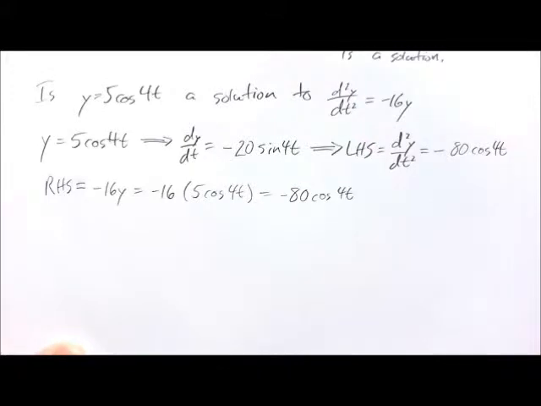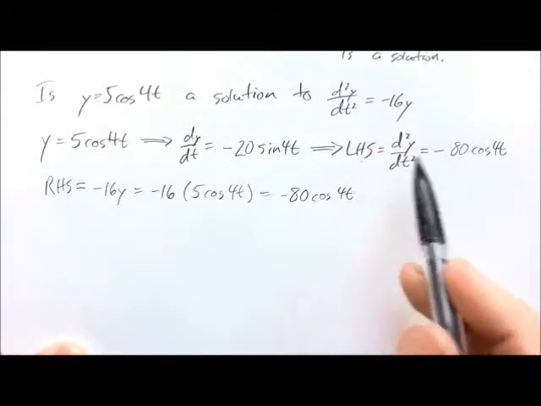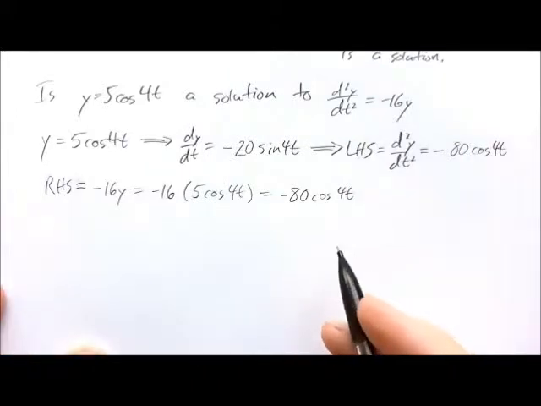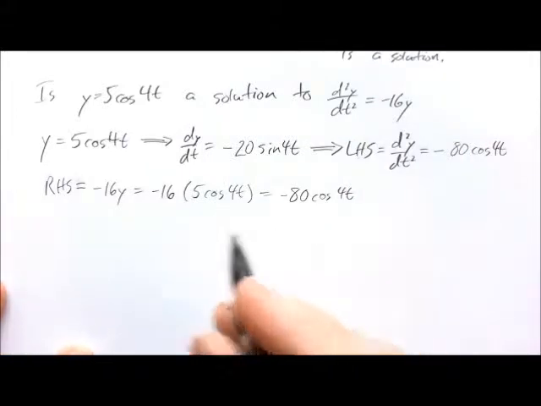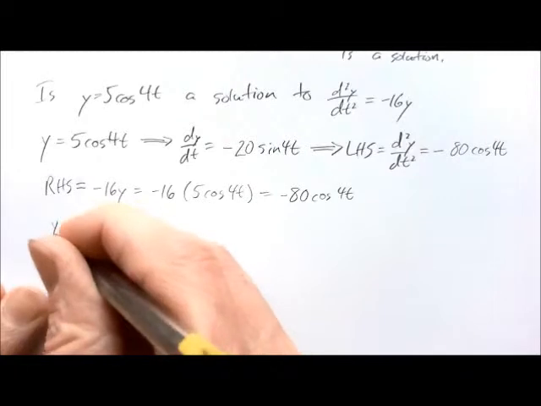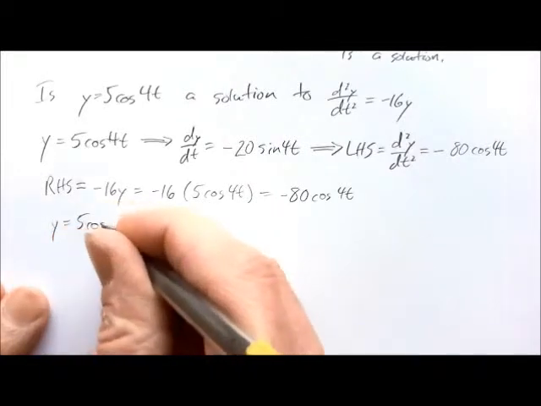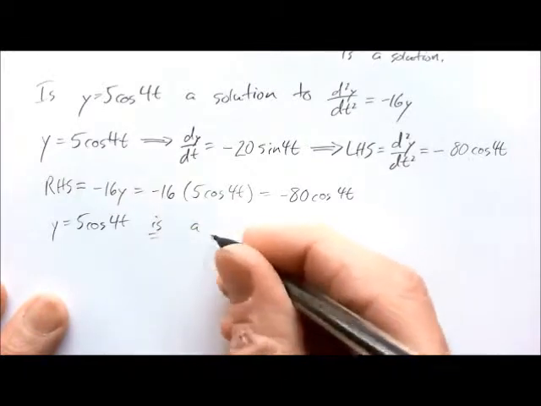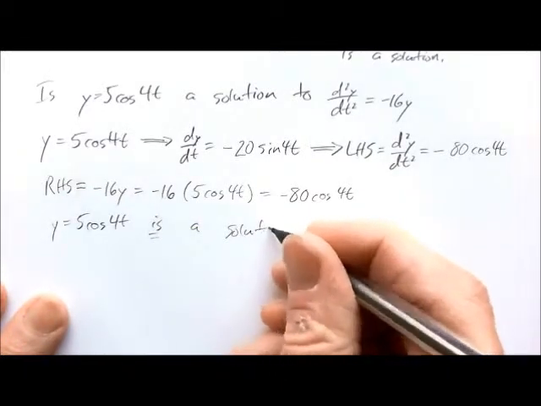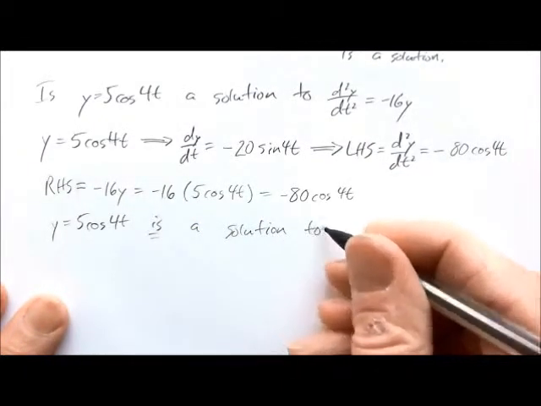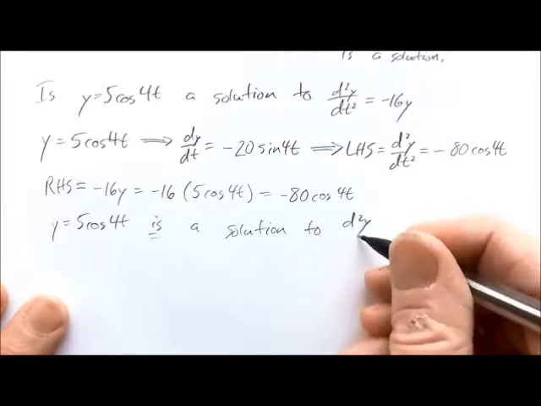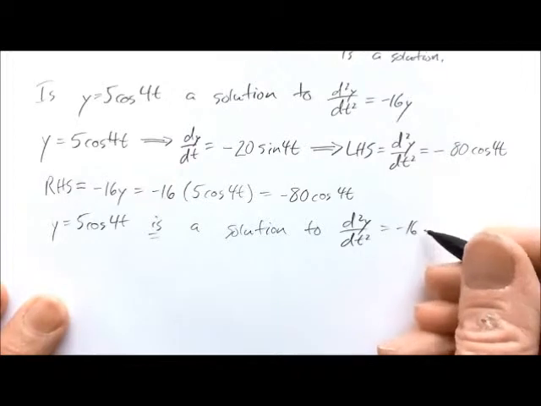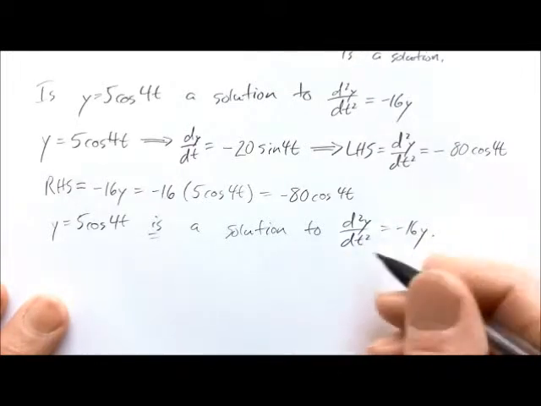So you can see that our left-hand side is negative 80 cosine 4t, right-hand side is negative 80 cosine of 4t. And so what that tells us is that y equals 5 cosine 4t is a solution to the second derivative of y with respect to t squared equals negative 16y, to this differential equation we have here.